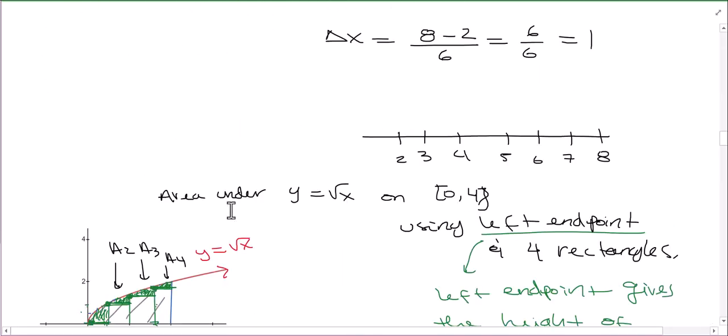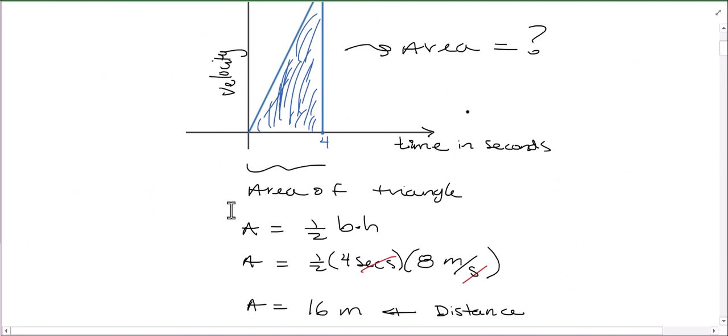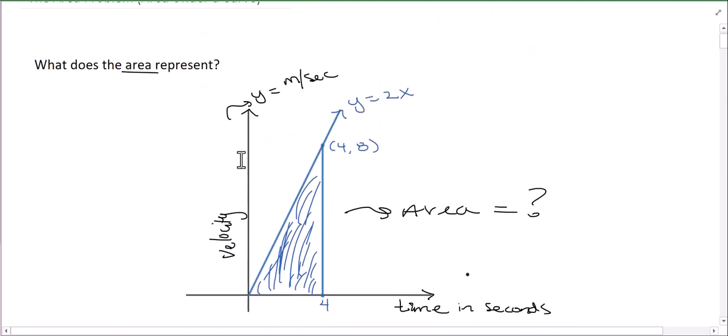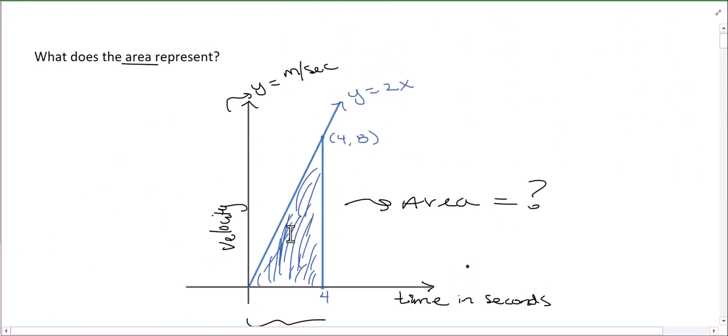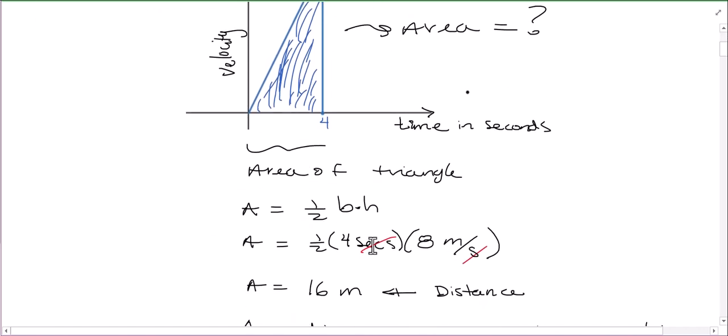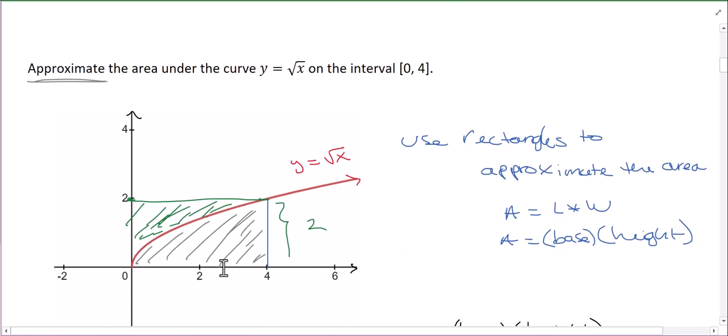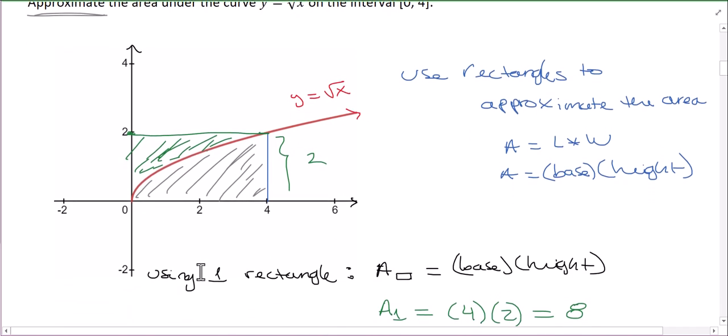All right, so just to bring you back, way back from the first video, we were able to find the area under the curve, and in this case the curve was just a line, and the area under the curve on that interval was just a triangle, which we can use geometry to find. But when we have something that is not a known geometric shape, how do we find the area? Our goal is to be able to find the area without having to do the approximation.